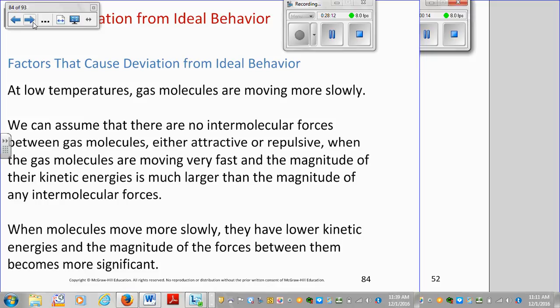So now we bring you close together. Now you're in this room, now you can interact with each other. So you have lower kinetic energy, obviously, some of you aren't moving. So your interaction forces become more significant.